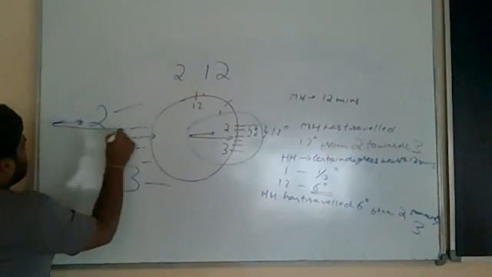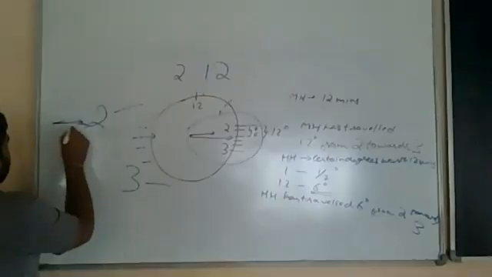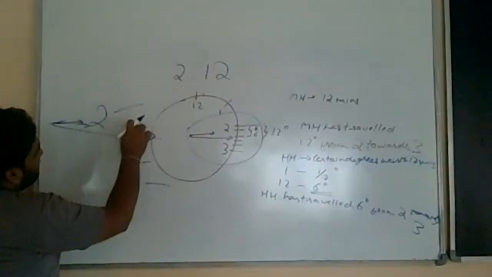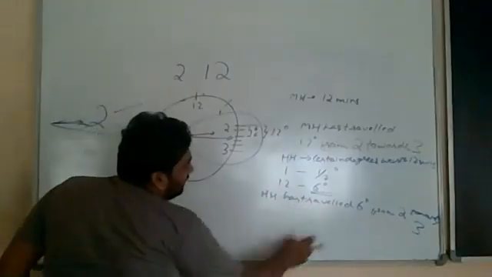At 2:11, our hour hand is here, but the minute hand has come here, yes or no? The minute hand has traveled 12 degrees, no? 6 degrees and 6 degrees. In the same time, our hour hand has traveled how much?